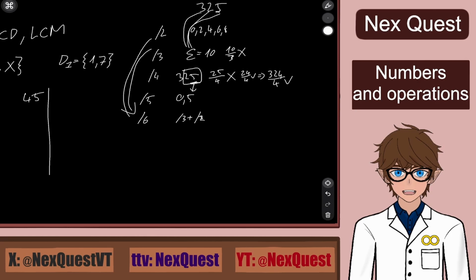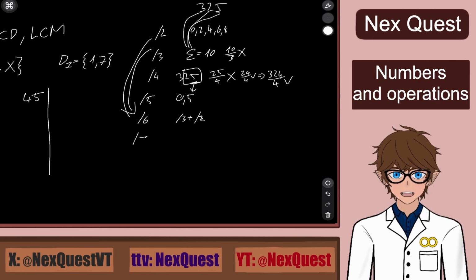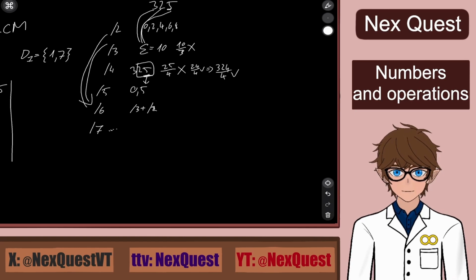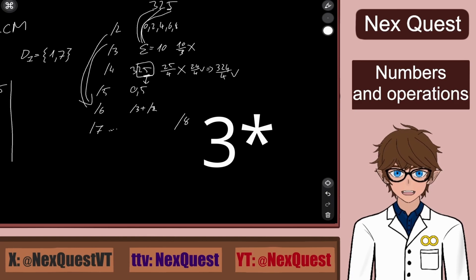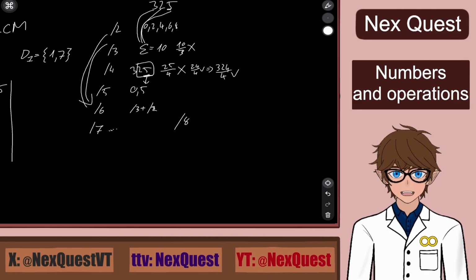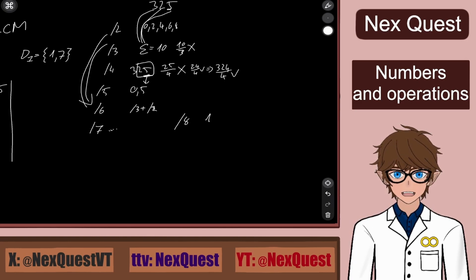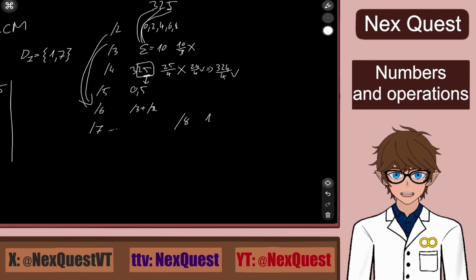There's a rule for 7, which I won't dive deep into because it's quite complex and I genuinely forgot it. So let's move on to 8. For number 8, if the last 3 digits are divisible by 8, the number is divisible by 8. So 1080 is divisible by 8 because 080 is; you can divide that by 8.